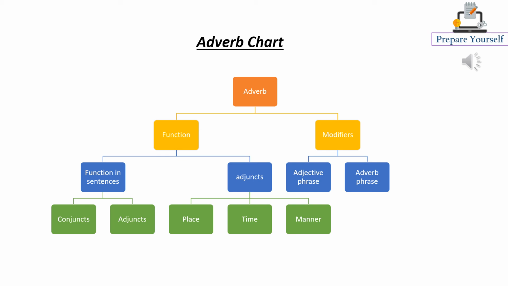I'll even tell you about conjuncts. Under the heading of adjuncts: place, time, manner. These are 3 types of adverb which we have already done. Modifiers: adjective phrase and adverb phrase. I try to inform you as much as I can.